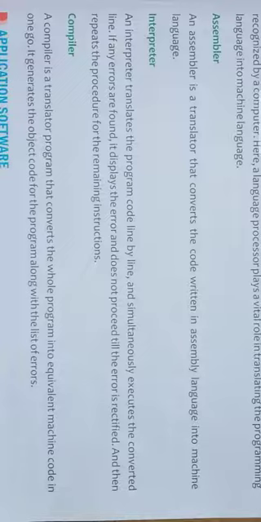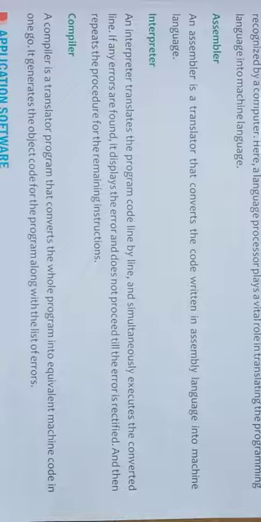Another example: suppose there is a paragraph for you, and I tell you to convert it into Hindi, that is, change the paragraph from English to Hindi. Then what should you do? You convert it line by line, not the whole paragraph. You cannot convert the whole paragraph because of grammatical problems, because you are not so good in grammar.